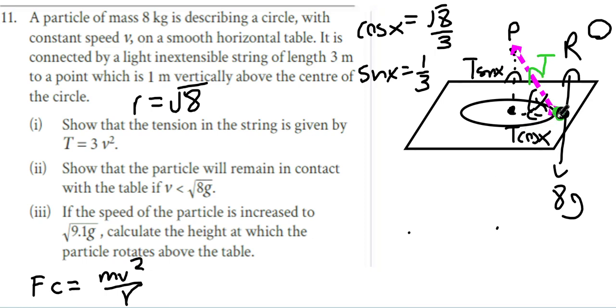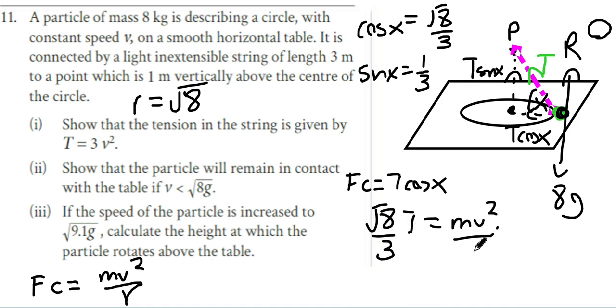So towards the center of the circle is your centripetal motion. Your F_c is T cos x, and we all know T cos x to be root 8 over 3 T equals mv squared over r. Is that all right? And then what's the other equation I have to do?